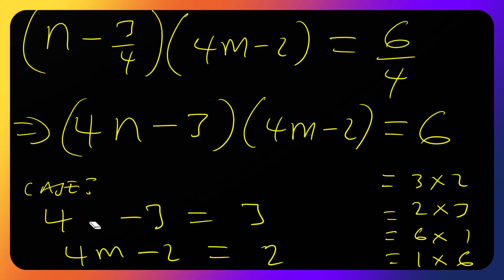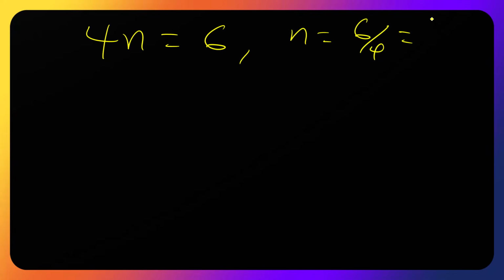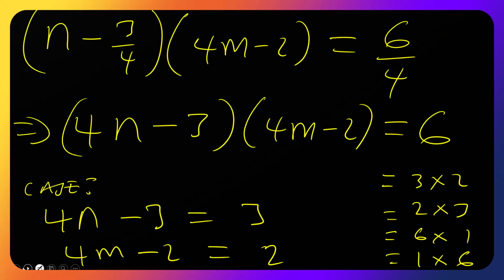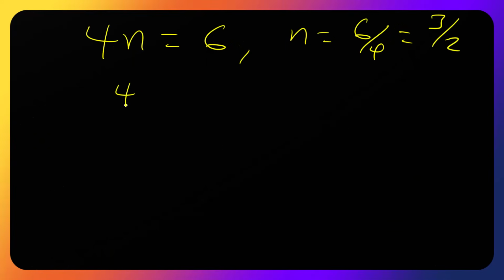So the first one, 4n, this side will come here. That will be 4n equals to 6. Therefore, n is 6 on 4, which is 3 on 2. And also 4m, so this side will be 4m equals to 4. So my m equals to 1. So we are done with the first case.